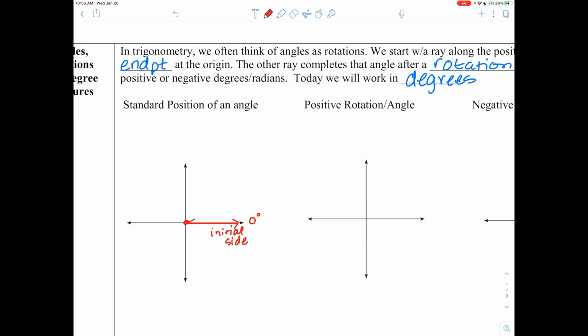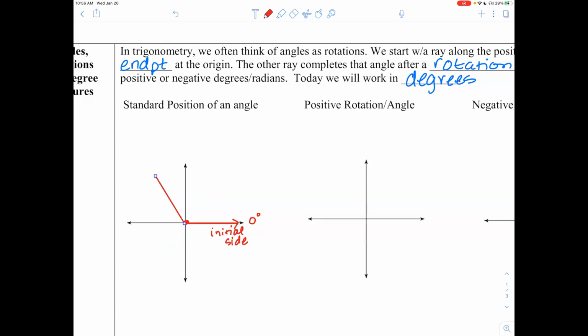And then you have this other side. Let me see if I can get a line that'll let me move it around. Okay, we have this other side. Just want to get it kind of sitting on the origin there. And this other side rotates. It rotates until it comes to rest somewhere. And then you measure how many degrees that rotation has made.